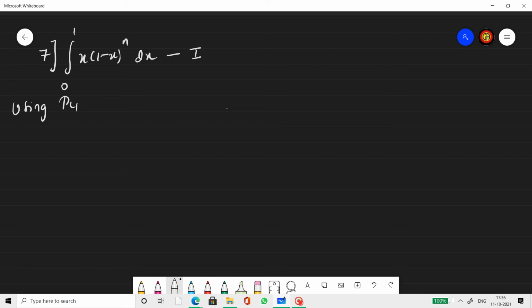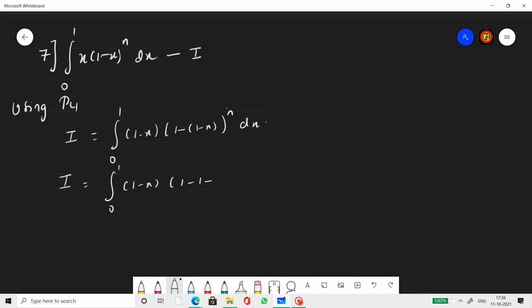So using property 4, I get I equals integration from 0 to 1 of (1 minus x) into (1 minus of (1 minus x)) to the power of n dx. So I equals integration from 0 to 1 of (1 minus x) into (1 minus 1 plus x) to the power of n.